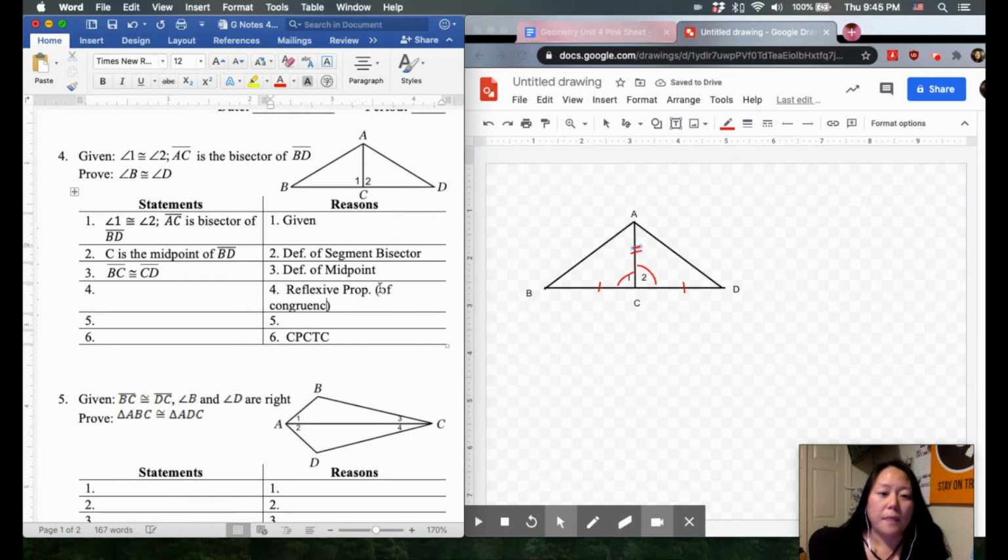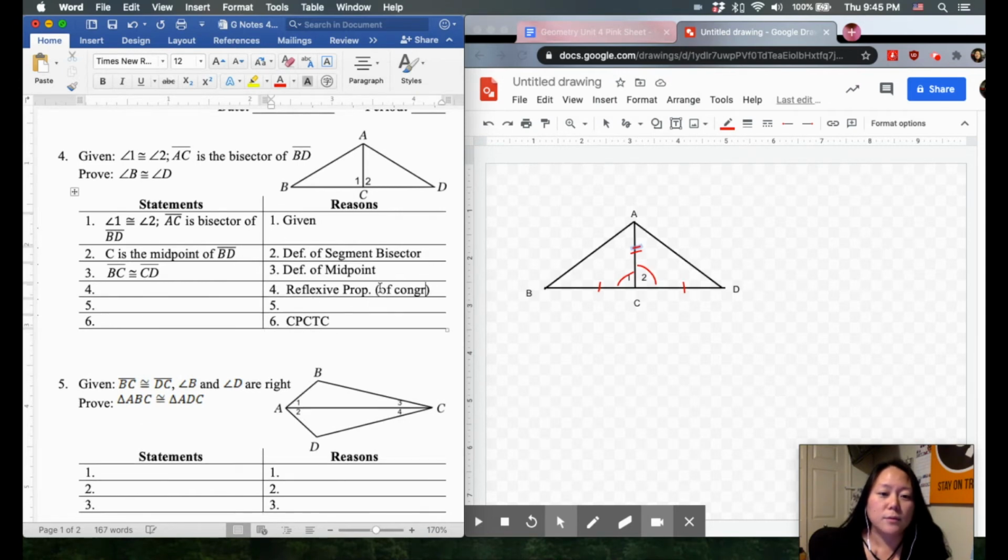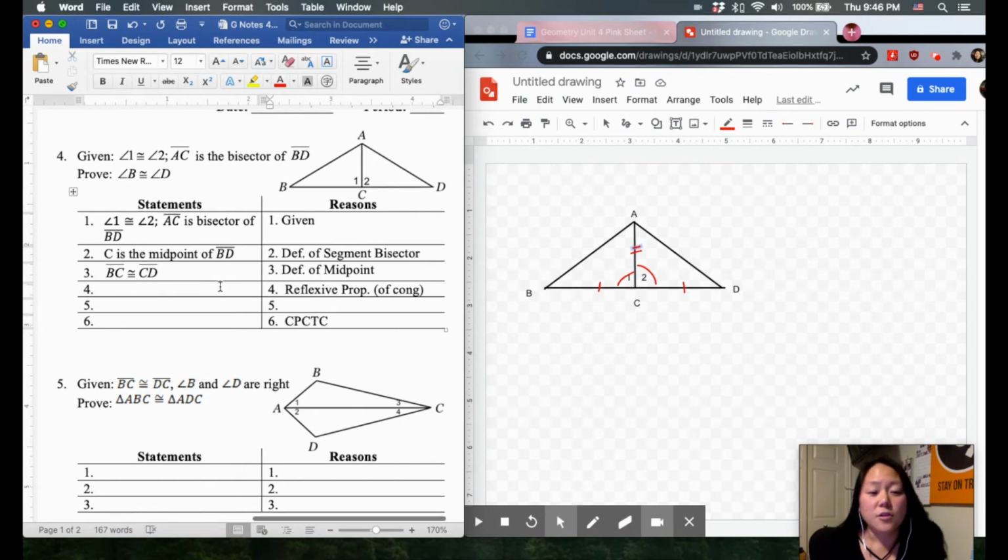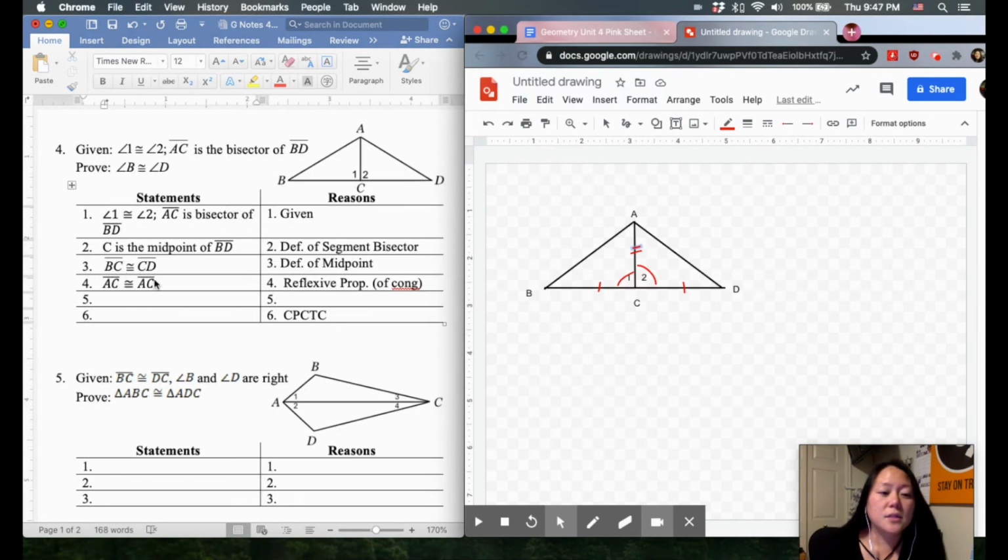And I'm going to abbreviate it so it doesn't take more than one line there. So in IXL, you're going to see reflexive property of equality versus reflexive property of congruence. So know that when you are talking about congruent things, you want to use of congruence. Okay, so segment AC is congruent to itself.